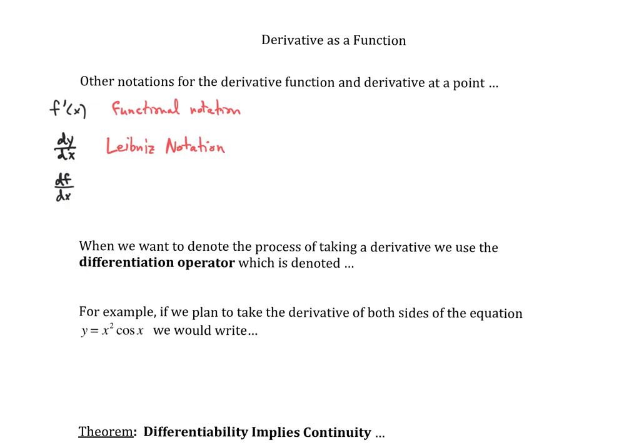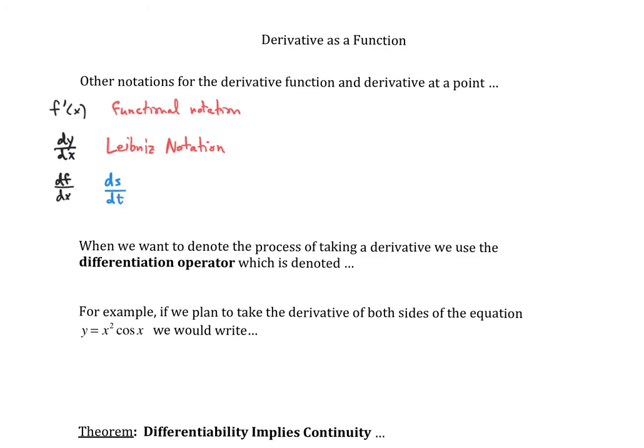If you wanted to change the name of this function, you would just replace the f with a different letter. So if your function was the position function, you could also write this as ds dx. And actually, if you wanted to change the independent variable from x to t, which is what we usually do when we talk about the position function, we could change that to ds dt.